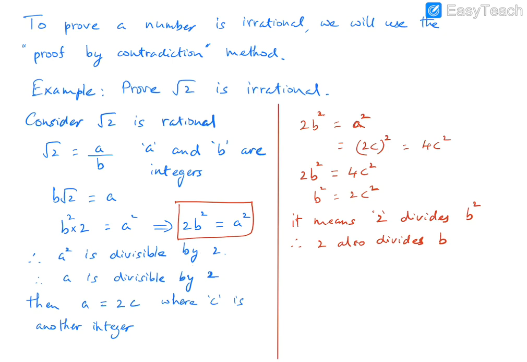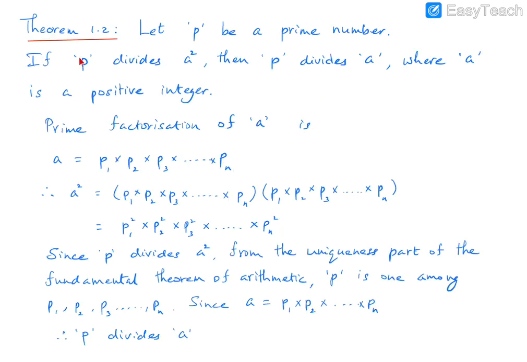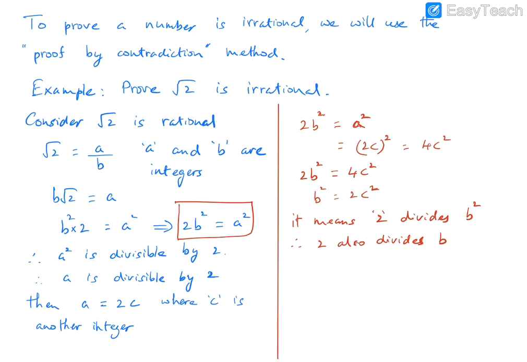So if any number p divides the square of a number, then p also divides the number itself. That's the theorem that we have seen earlier, right? If p divides a square, then p also divides a. So similarly here, if 2 divides b square, then it means that 2 also divides b.